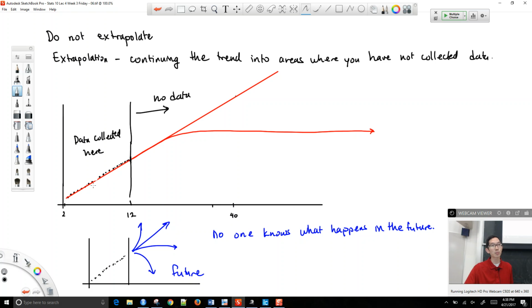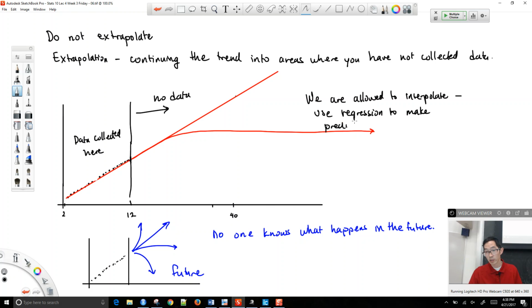We can interpolate values within the area where we have collected data. So we are allowed to interpolate, which is to use regression to make predictions in regions where we do have data.